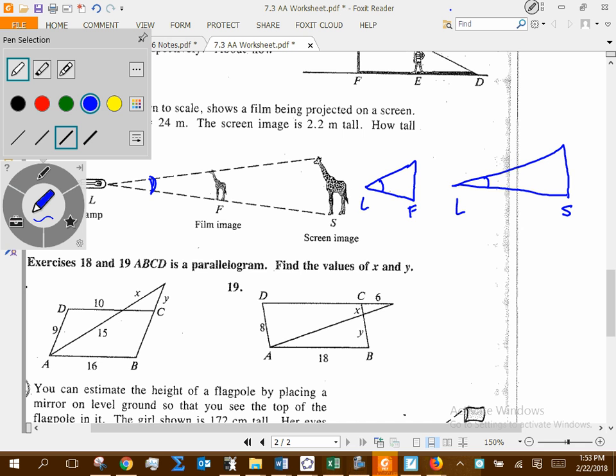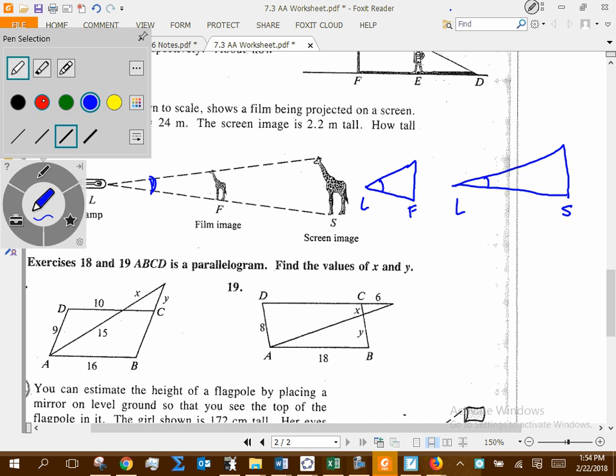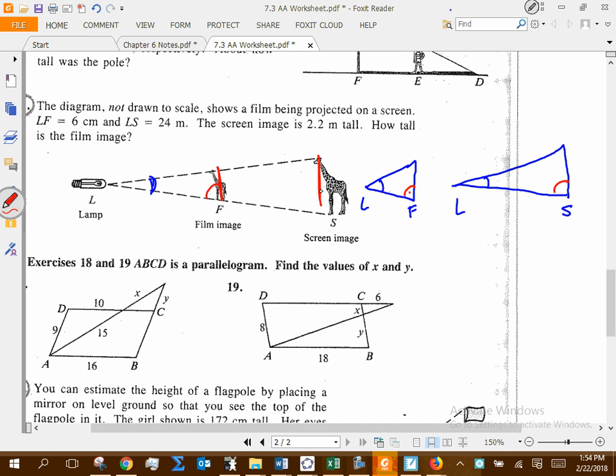It doesn't matter which ones we look at here. Hold on a second, my tablet froze. There we go. Doesn't matter which one we look at, but I need maybe that angle congruent to that angle. Does that make sense? Those two angles would be that one there and that one there.